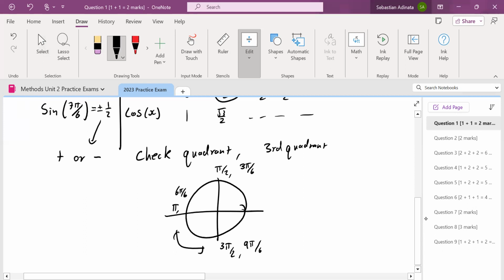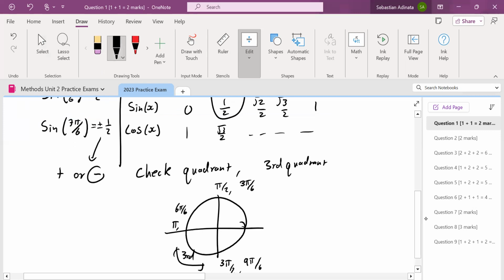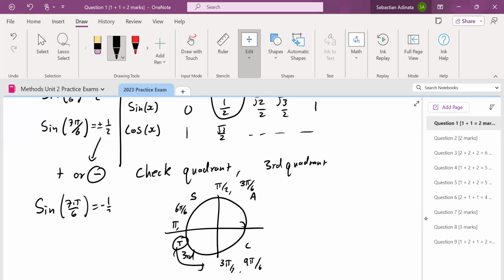So it's in the third quadrant, meaning it will be negative because if we have a look, SATC, all stations to Camberwell, in the third quadrant, only tan is positive, meaning sine and cos are negative, meaning that sine 7 pi on 6 is equal to negative a half.